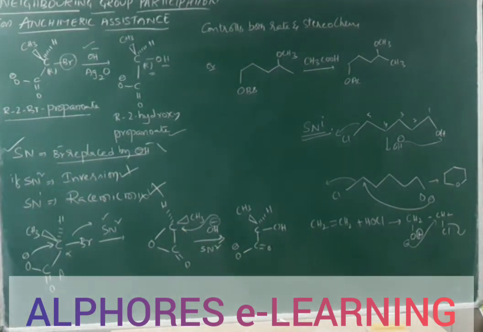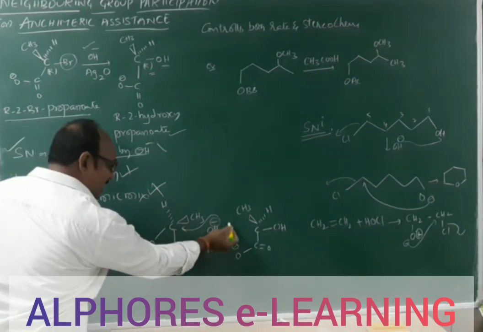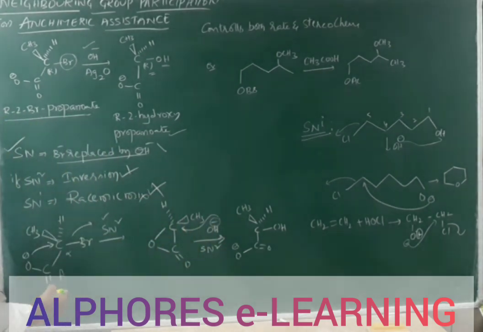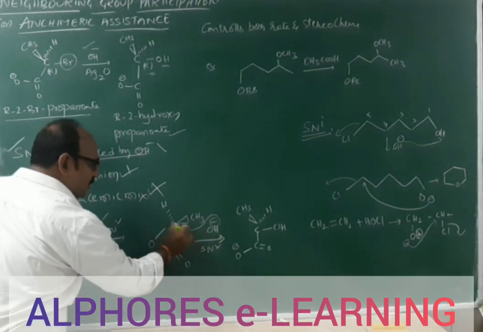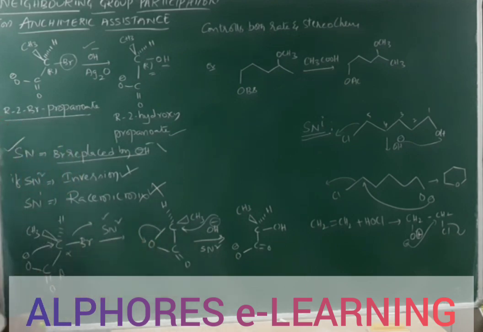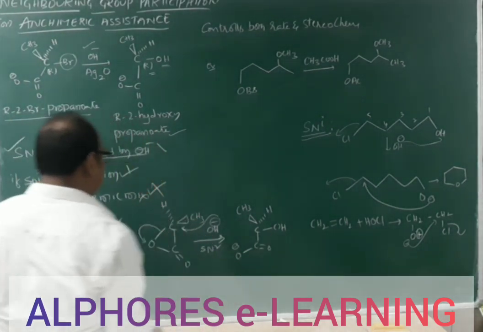Earlier, O minus attacked from the rear side with respect to the leaving group Br minus, and here OH minus again attacks from the rear side with respect to this oxygen, and whenever this OH minus approaches, this oxygen turns back its electrons. As a result we get the product again.